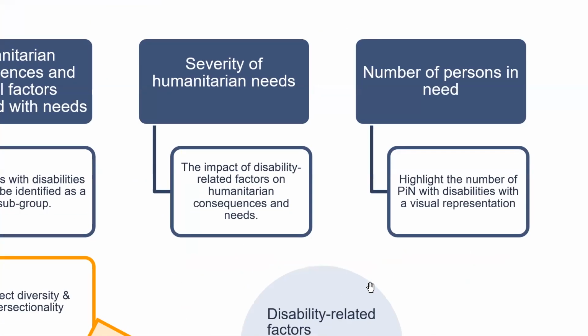Then we have another two parts that are usually covered in HNO, which is severity of humanitarian needs, where we should, of course, understand what kind of impact disability has on the consequence, as we said. And then number of persons in need, as we said in the first slide, it needs to be highlighted how many persons with disability will be inside this number, how many persons in need will be a person with disability. So we need to disaggregate this number, and we need to visually represent it.